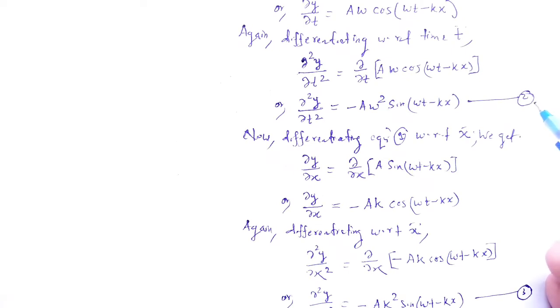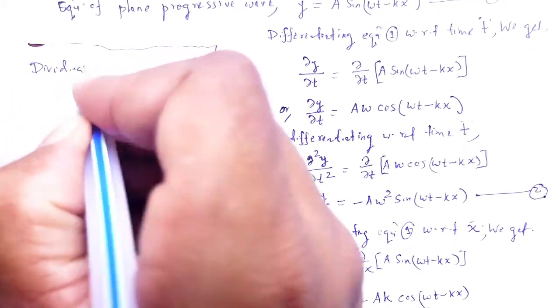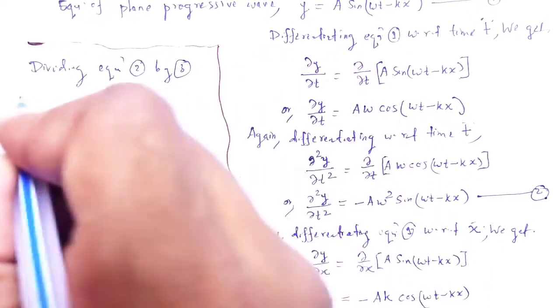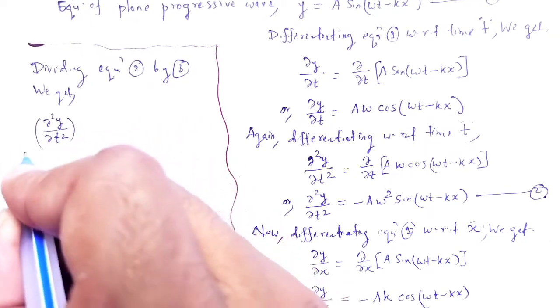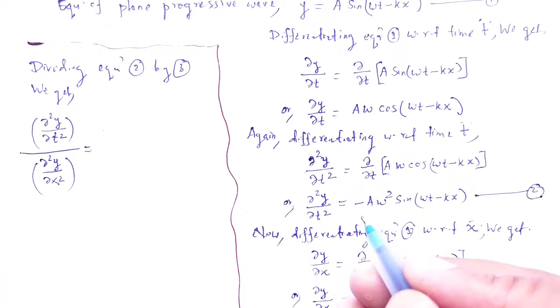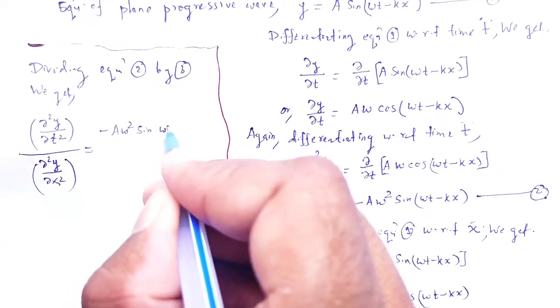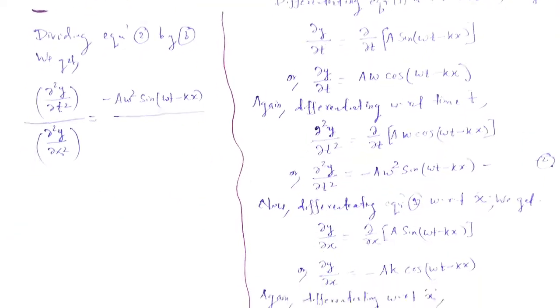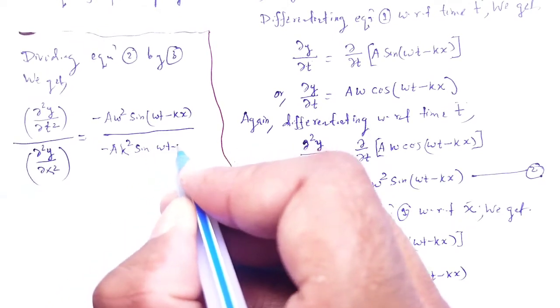Now dividing equation 2 by equation 3, we get del square y by del t square divided by del square y by del x square is equal to minus a omega square sin(omega t minus kx) divided by minus a k square sin(omega t minus kx).